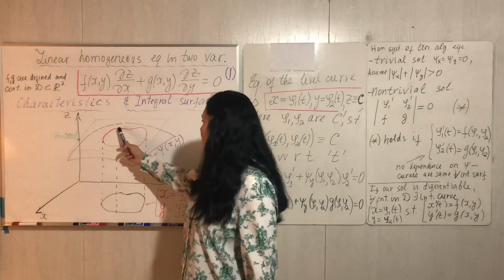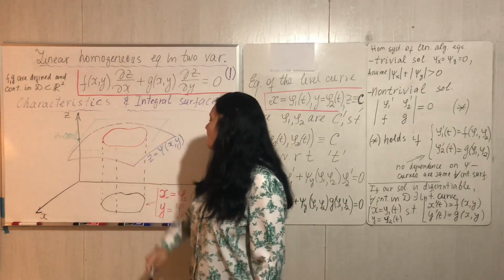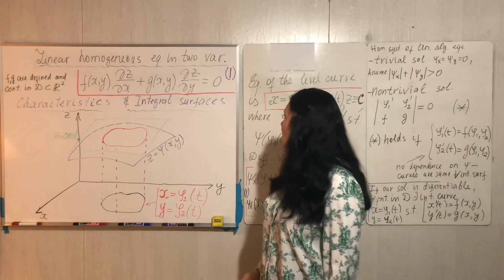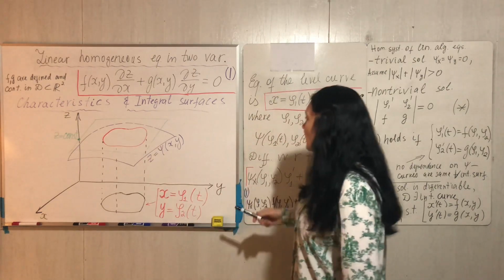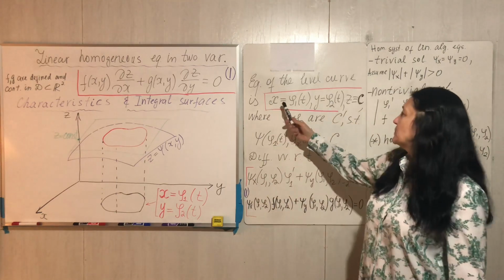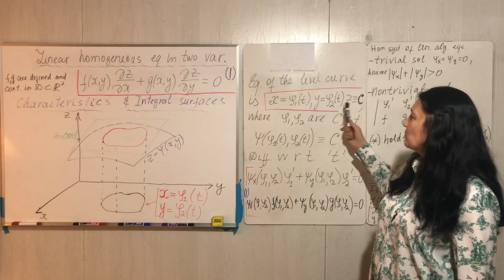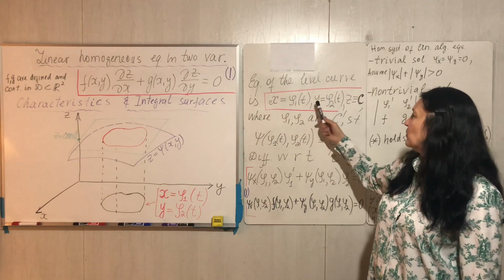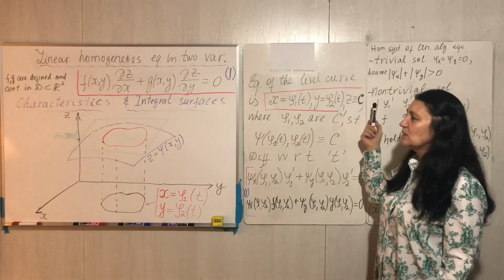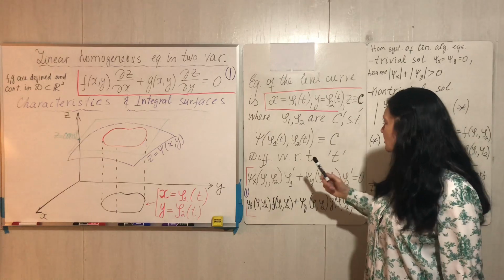This red line would be the level curve. Suppose we can parameterize this curve with parameter t, so x will be phi1 of t, y will be phi2 of t, and z equals that constant.